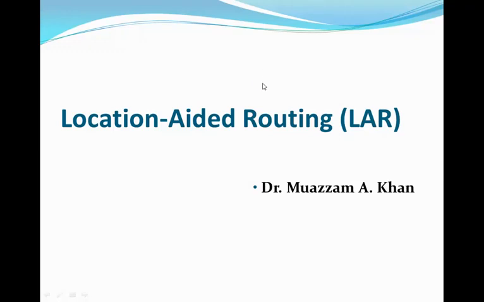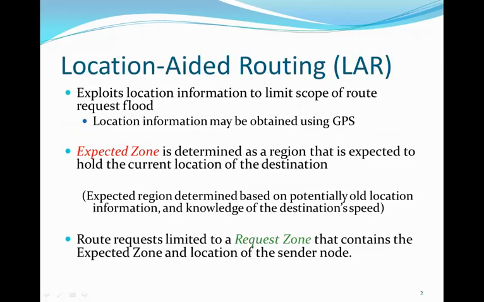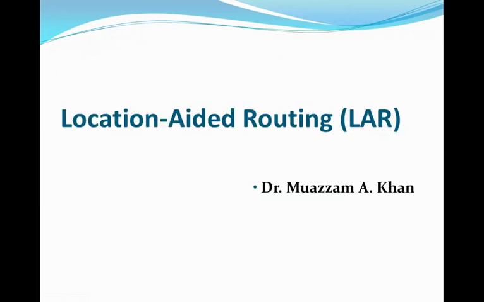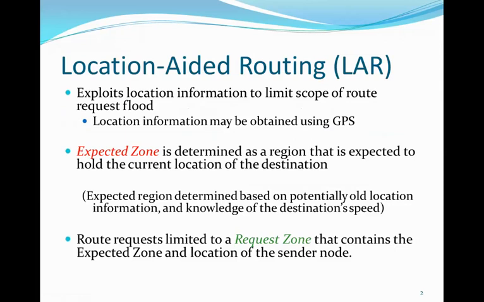So we start this lecture, and here you can see that in location-aided routing, we actually exploit location information to limit the scope of the route request flood, that is, how far this flooding request will be forwarded or disseminated inside a network.